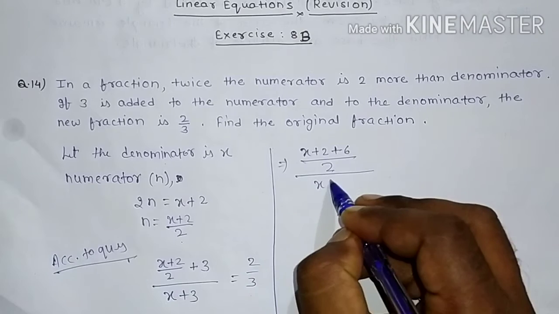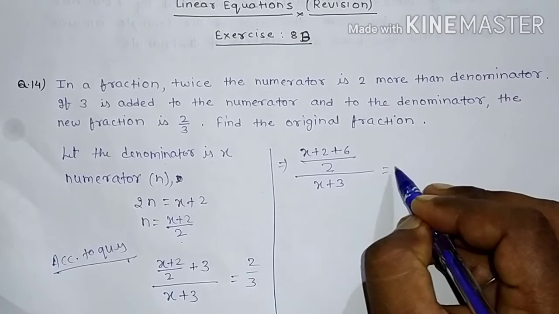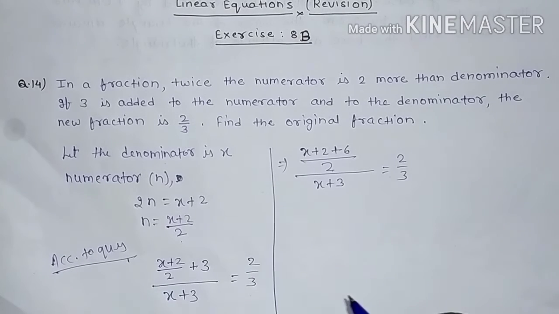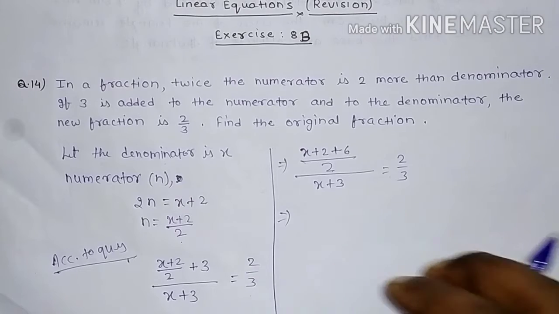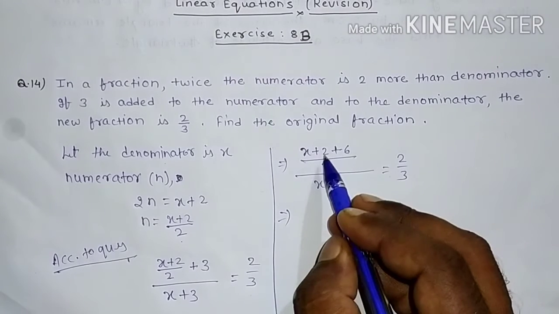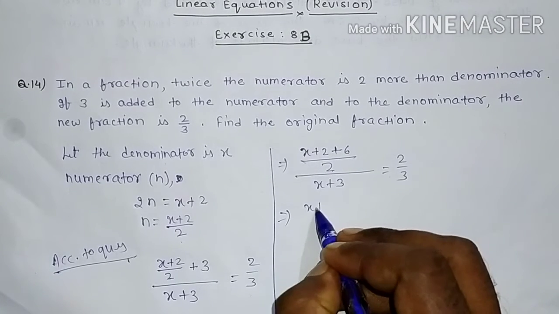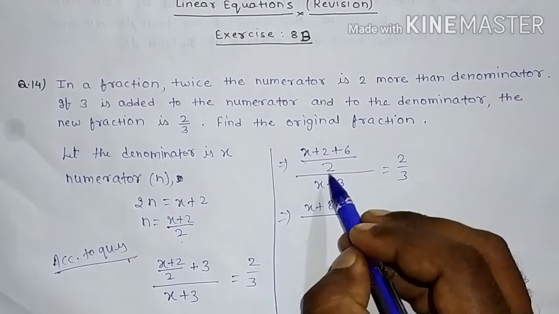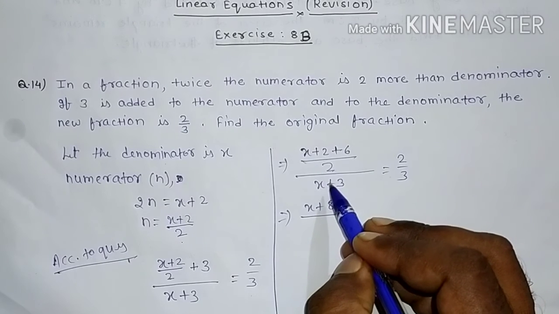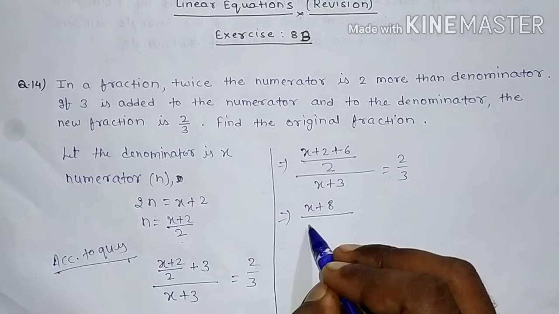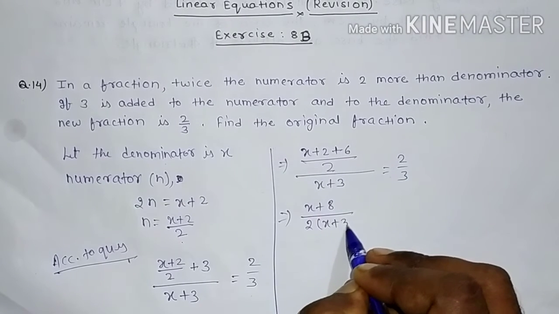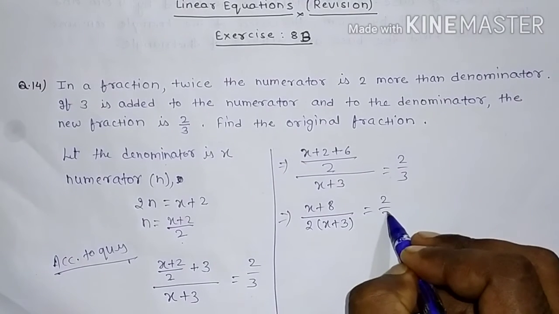Now x plus 3 is denominator part. This equals 2 by 3. Again x plus 2 plus 6, that is 8, so (x plus 8) divided by 2 goes as a denominator, so this is 2 upon (x plus 3). This equals 2 upon 3.